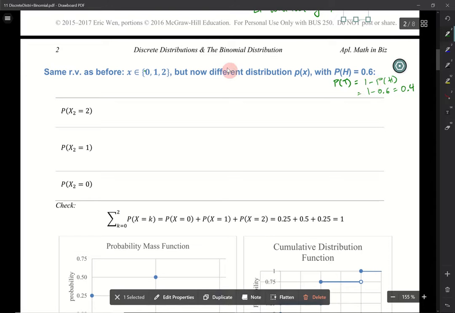Okay, so if we were doing this case, where the probability is equal to 0.6, how would we assign the probability to 2 heads if the probability of heads for one of them is 0.6? How do we do that? Any ideas?